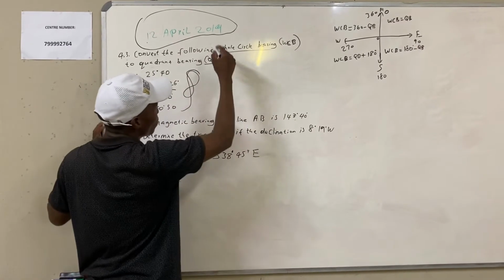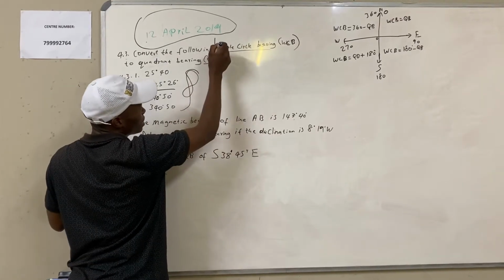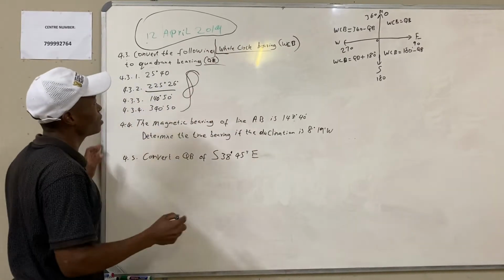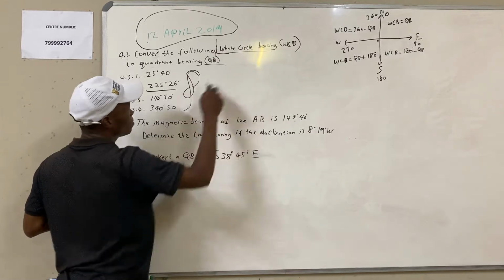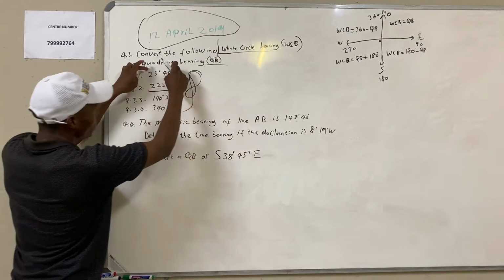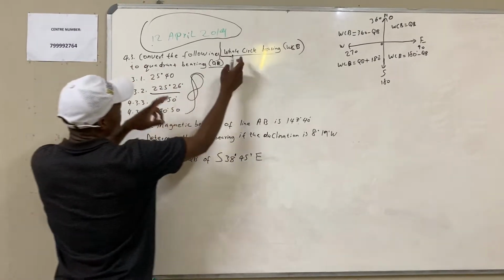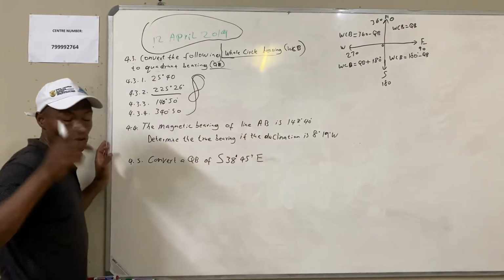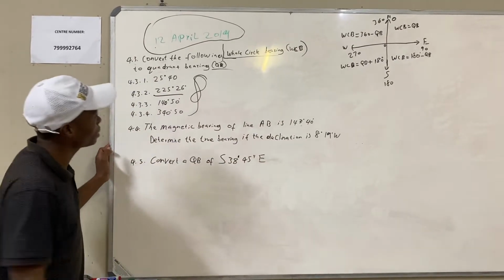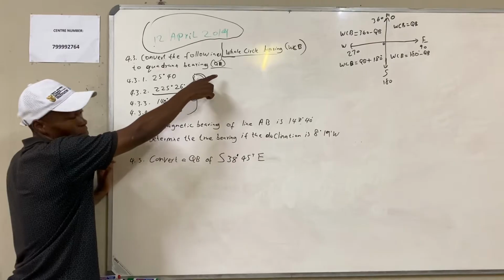So the numbers given are the whole circle bearing, and we have to calculate the quadrant bearing.